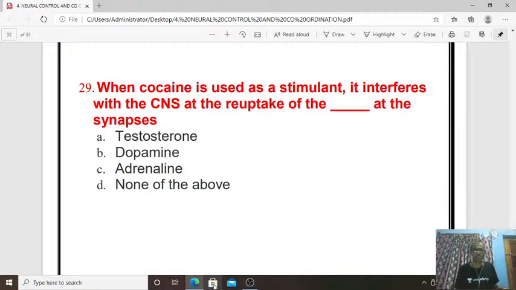What will happen to the CNS at the reuptake of the dash at the synapse? So 29, it is dopamine. Dopamine is one of the chemical constituents that reacts with the CNS. So B is the right answer.